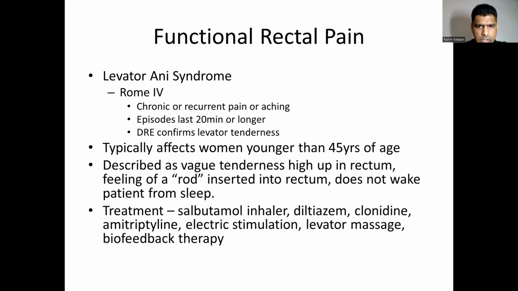This typically affects women of younger age, younger than 45 years old. And it's described as vague tenderness high up in the rectum, the feeling of a rod inserted into the rectum. However, it does not wake these patients from sleep. Suggested treatments for this levator ani syndrome include salbutamol inhalers, diltiazem creams, clonidine, amitriptyline, electrical stimulation, levator massage, and biofeedback therapy.